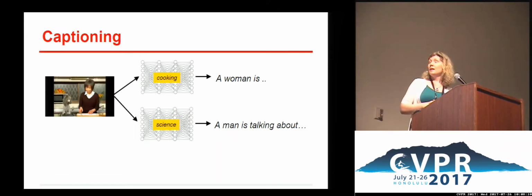So clearly the network is learning some biases in this data, but it also shows us that the reason a network might predict certain words has more to do with the language model than what it actually detected visually in the input.